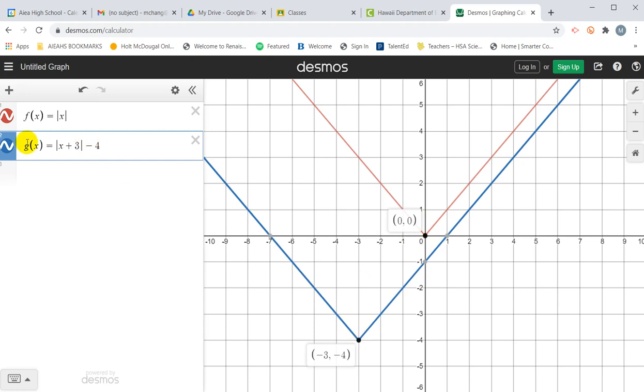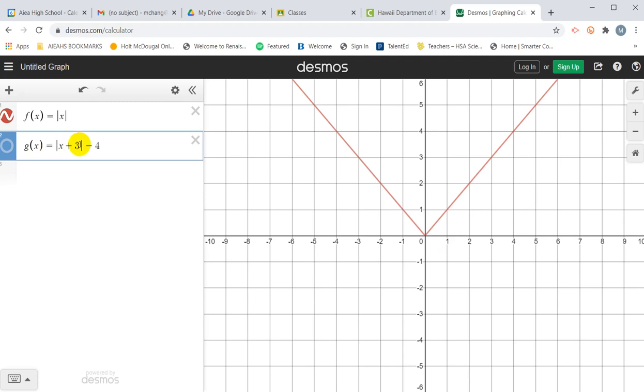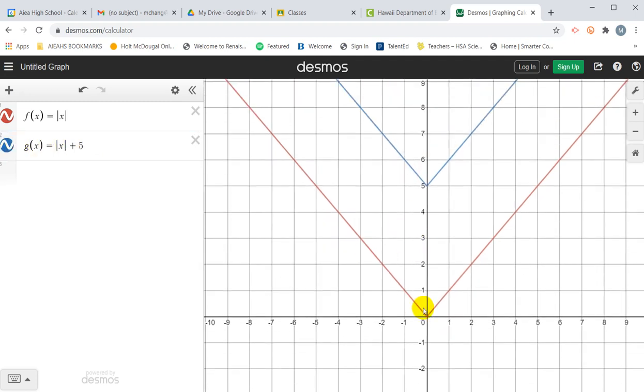Okay, similarly, if I were to change this, let's say I change up some of these here. Okay, so let's say I change it to a plus 5. So like I showed you earlier, right? If I do something like this, this is shifted 5 units up, a vertical shift 5 units up. And then if I were to go ahead, let's say I subtract 2.